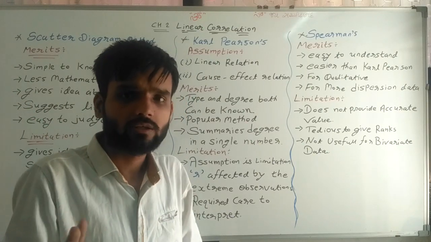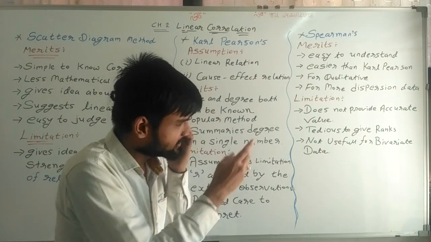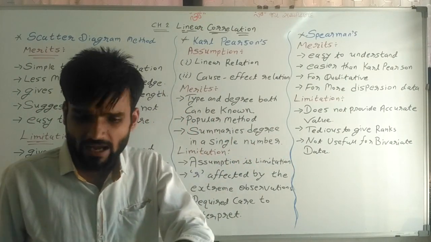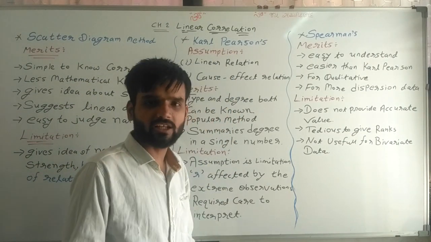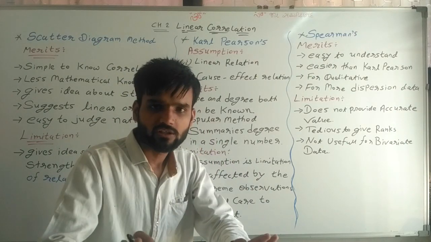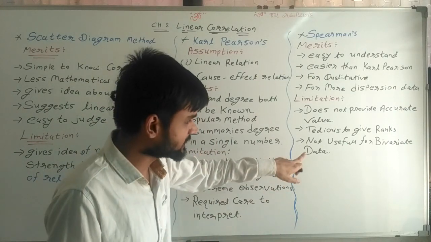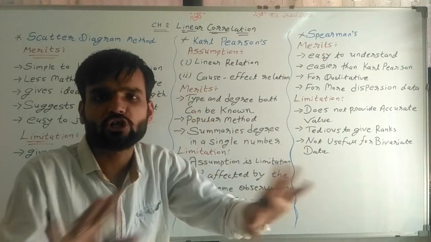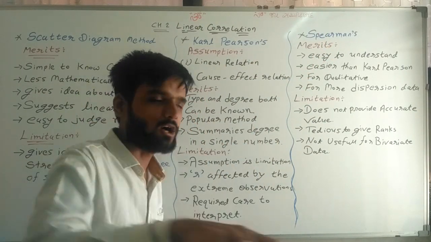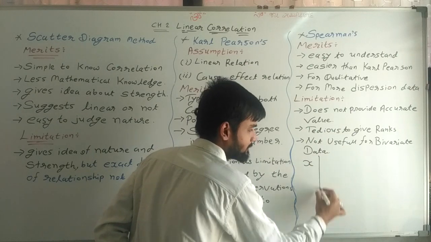But what is bivariate data? I am explaining it here for your understanding. It is not in your syllabus. In the syllabus only this point is there: in bivariate data, Spearman rank correlation is not possible. Now I am preparing a bivariate data table here.